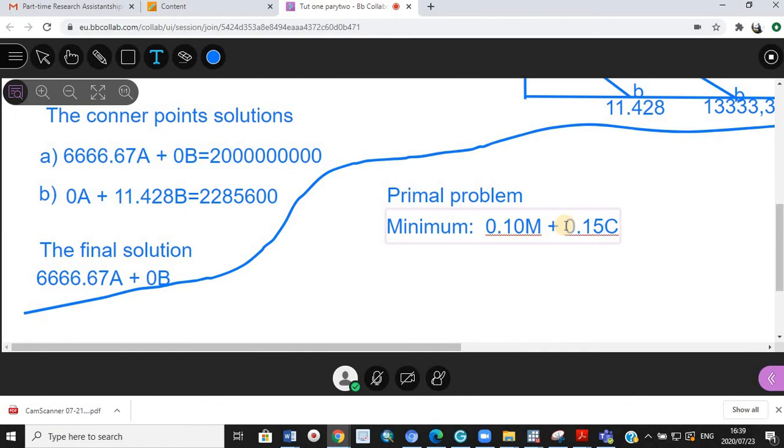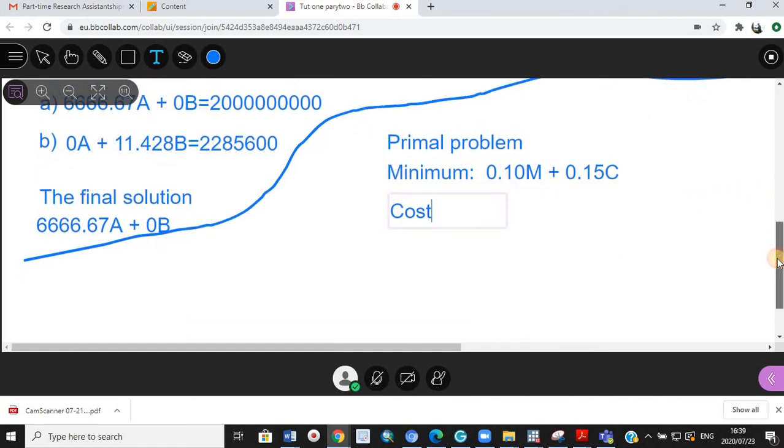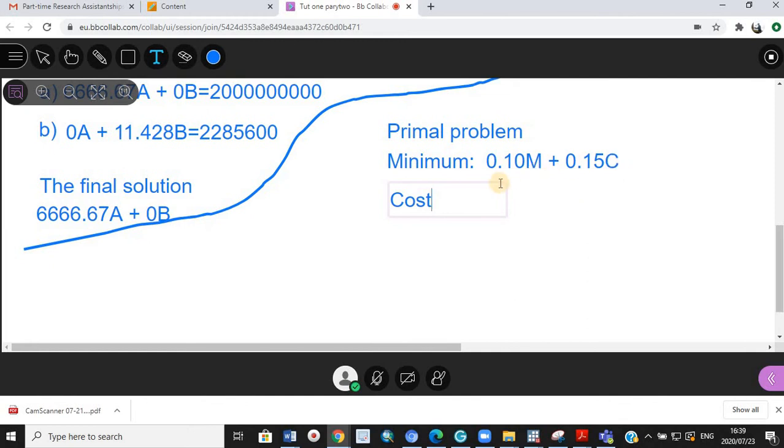All right, then we have costs. These are the constraints. This is the constraint equations.